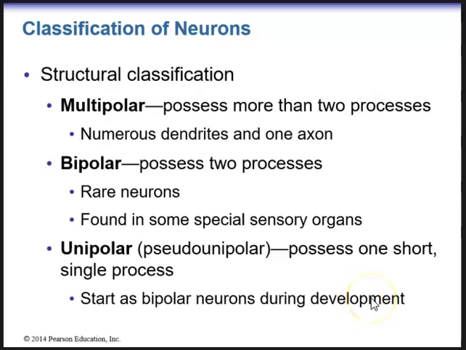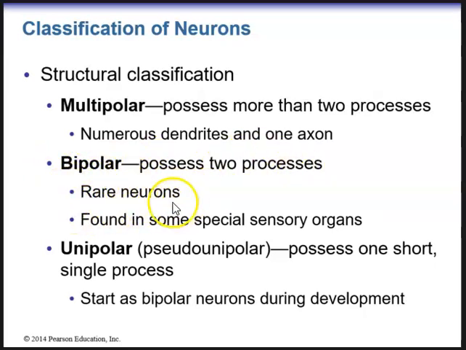And then we have different classifications of neurons. We have a structural classification, basically based on structure. So you have a multipolar neuron. Multipolar neurons possess more than two processes. There are numerous dendrites coming off of the cell body or soma and only one axon. Bipolar, as its name implies, has two. So bipolar possesses two processes.